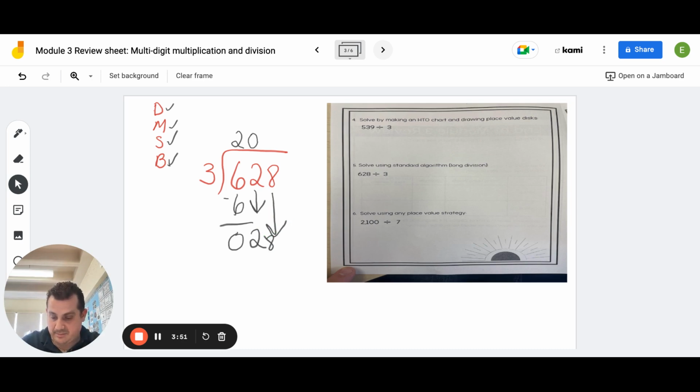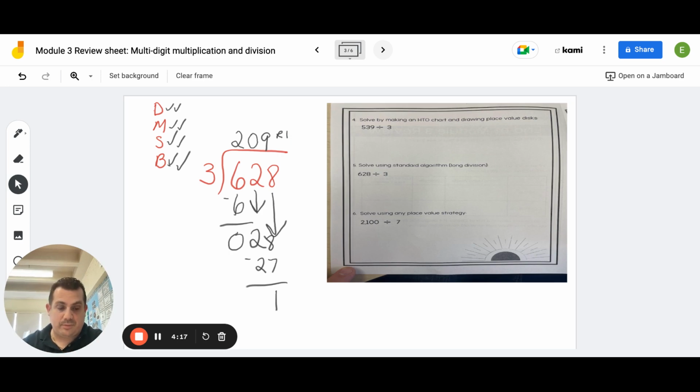Can 3 go into 8? 3 can go into 8 2 times. 3 times 2 is 6. Now you subtract and you get 2. So you have 209, remainder 1. And that was for number 5.